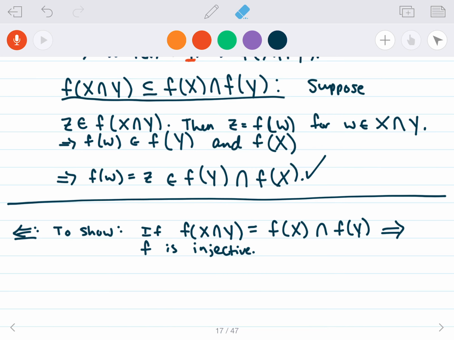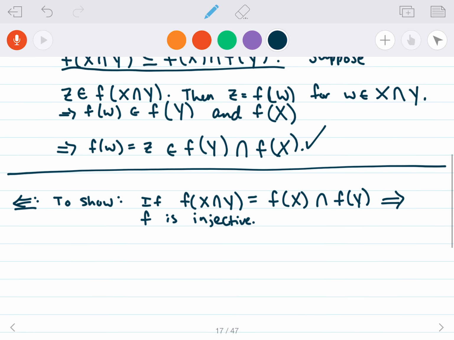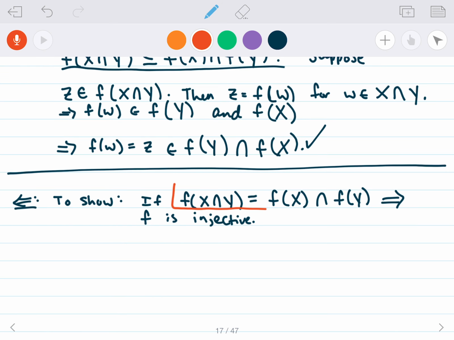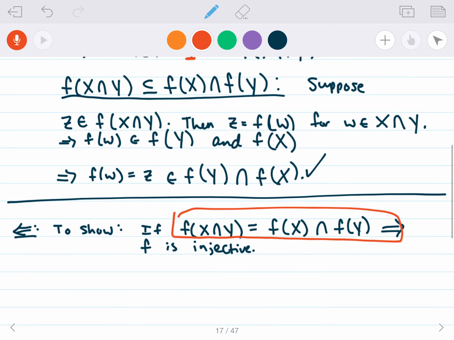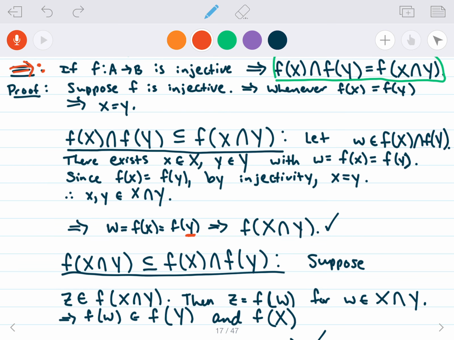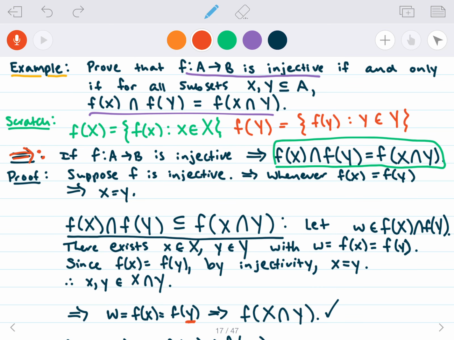To try this proof, let's try to derive a contradiction. Remember, the set equality is going to hold for all X and Y contained in our domain A. And so the idea here is to derive a contradiction by picking capital X and capital Y so that we end up with a contradiction.